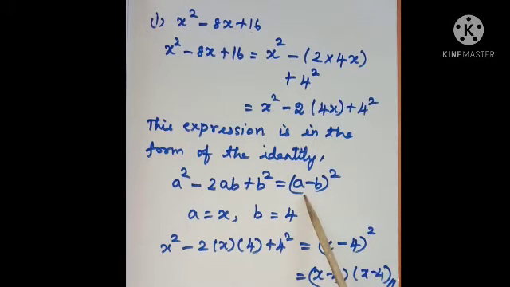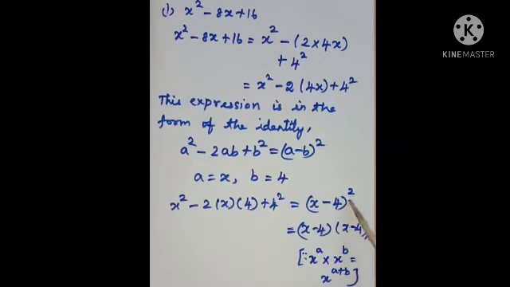In place of a, here it is x. In place of b, here it is 4. So substituting a is equal to x and b is equal to 4 in this identity, we get x minus 4 the whole square. Again, for the factors, we are going to factorize x minus 4 the whole square.